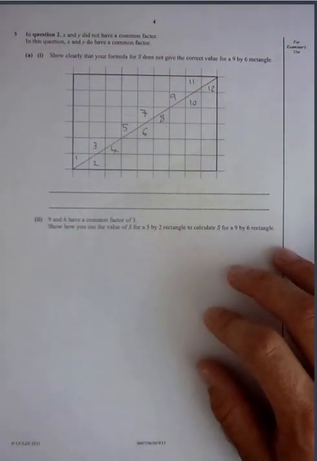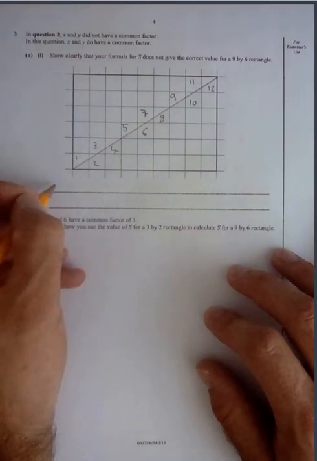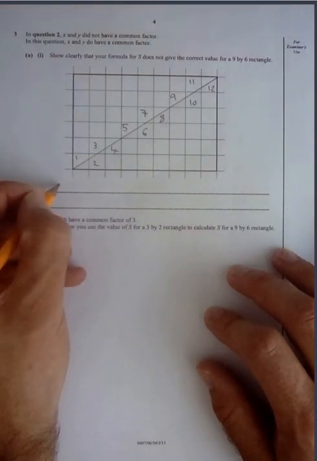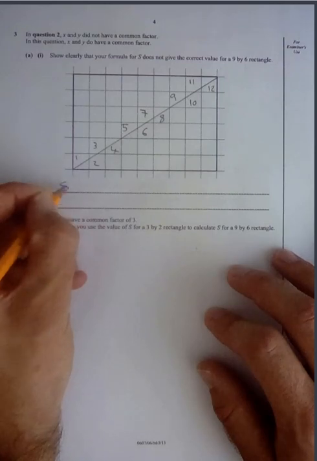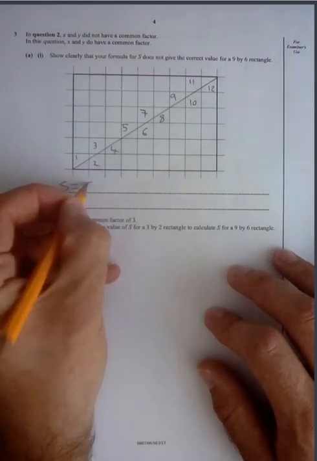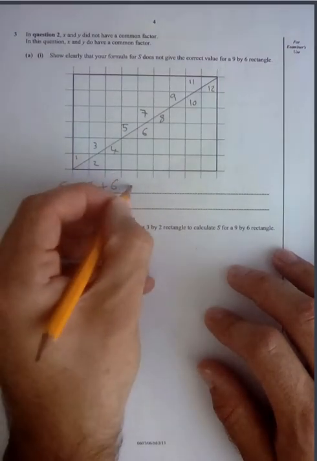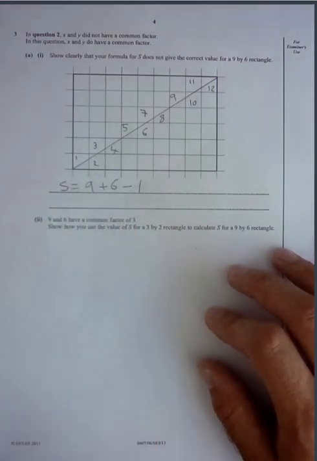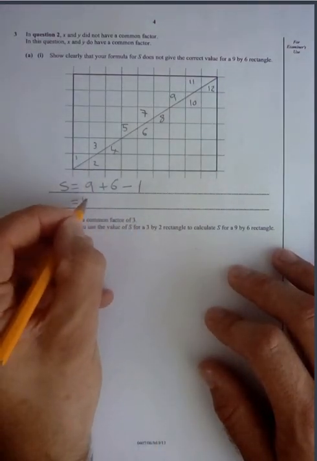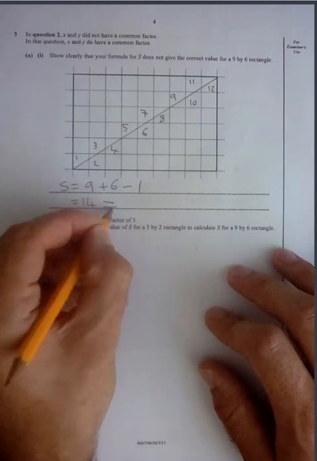Okay, so there are 12 squares, and our formula would be, well, it would be 9 plus 6. So S, using the formula, would be 9 plus 6 minus 1. 9 plus 6 is 15. 15 minus 1 is 14. So that shows us the formula doesn't work.